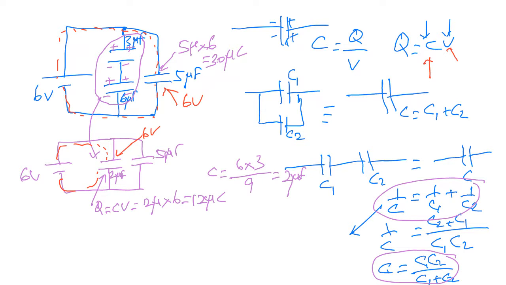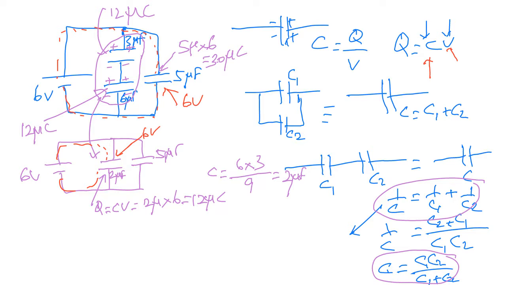So this is equivalent to these two in series, and we have 12 microcoulomb charge on this capacitor. That means the charge on this one is also 12 microcoulomb, and the charge on this one is also 12 microcoulomb.